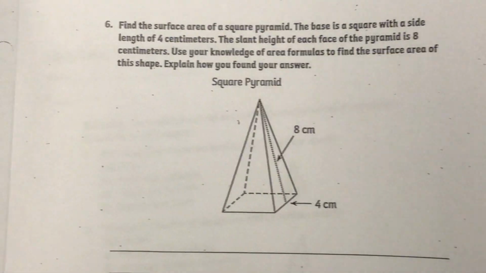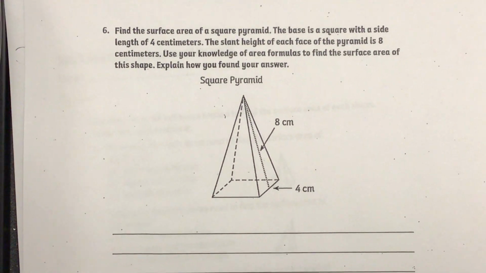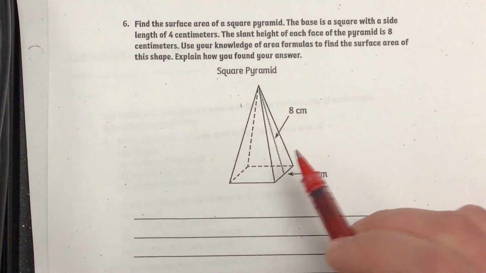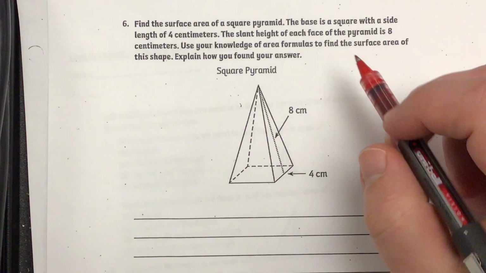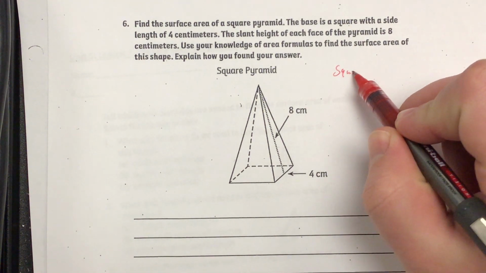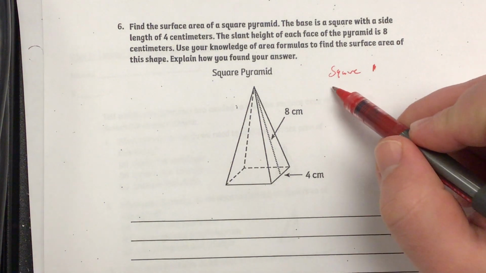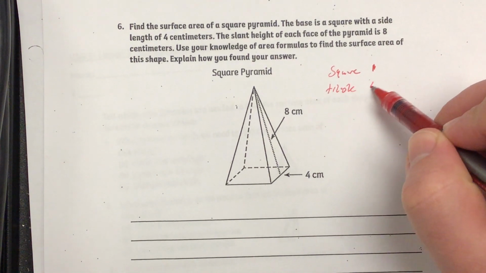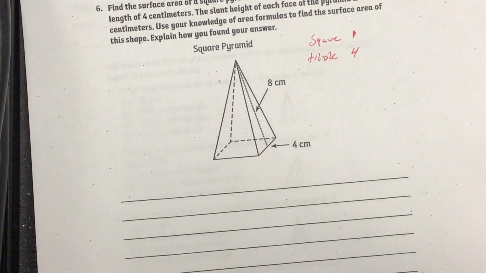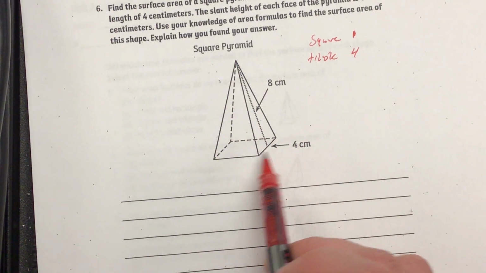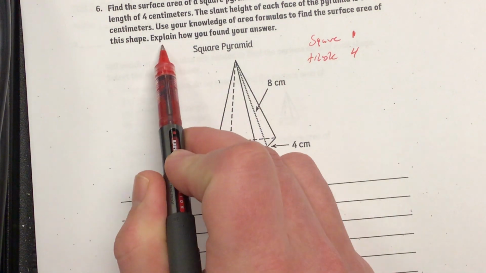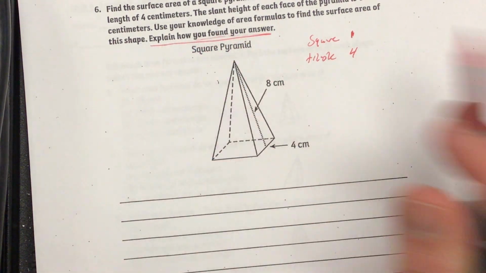All right. So in the back, we're asked to find the surface area again. What shapes do we have here? A square and a triangle. 1 square. How many triangles in this one? 4. All right. Now you see all these lines below here? First you're going to find the area of this guy. And then he wants you to explain how you found your answer.